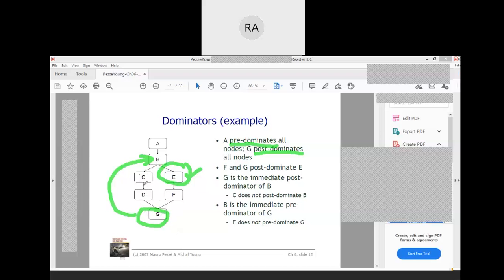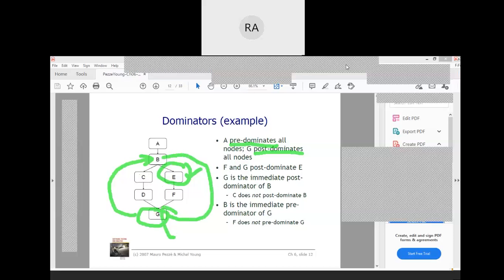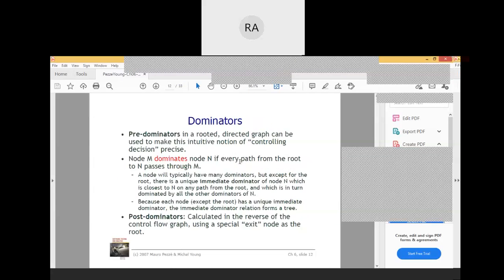Okay, but C is not post dominating B because the control or execution of B is wholly and solely controlled by the node G. If you look into the definition of immediate dominators, look out over here. A node will typically have many dominators, but except for the root, there is going to exist a unique immediate dominator for any node n, which is closest to n on any path from the root and which in turn is dominated by all other dominators of n.